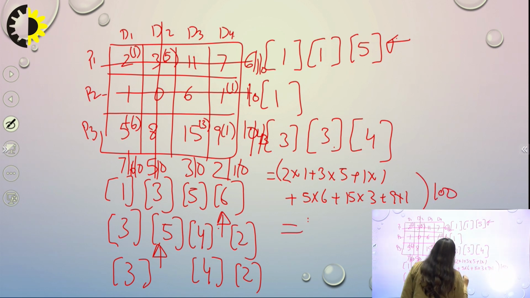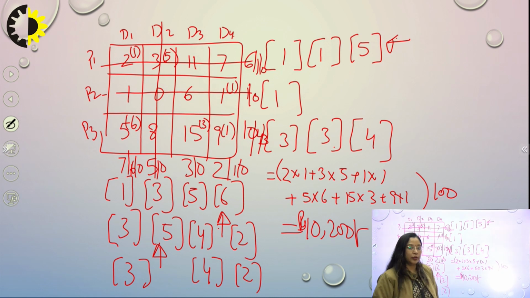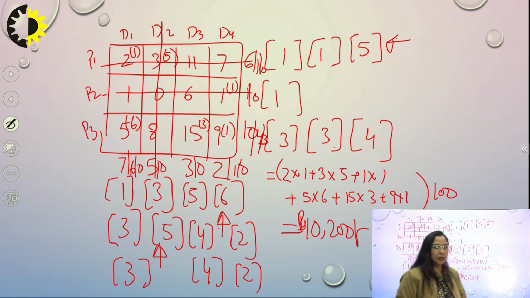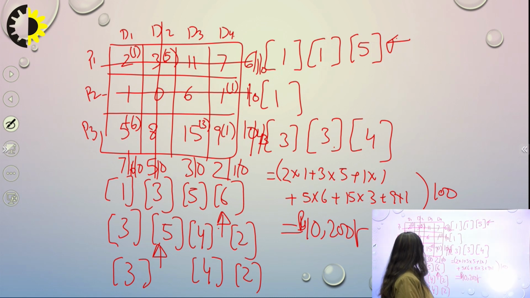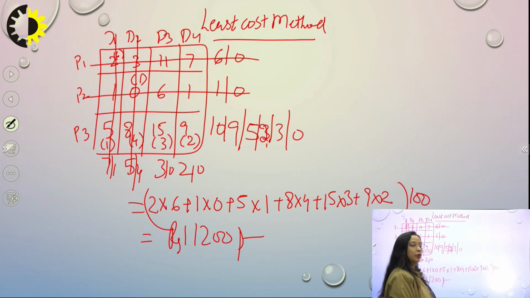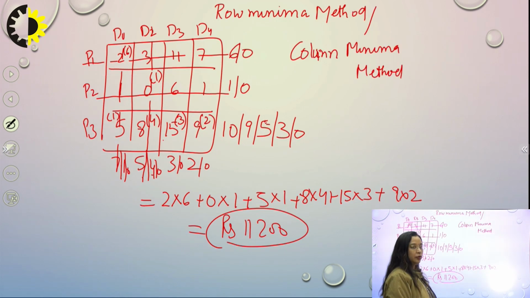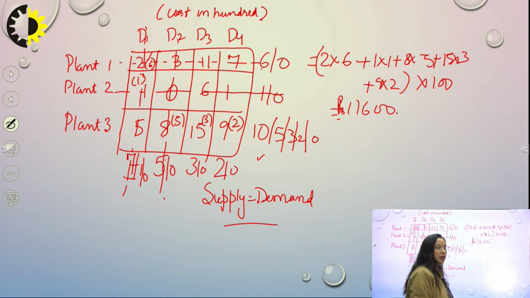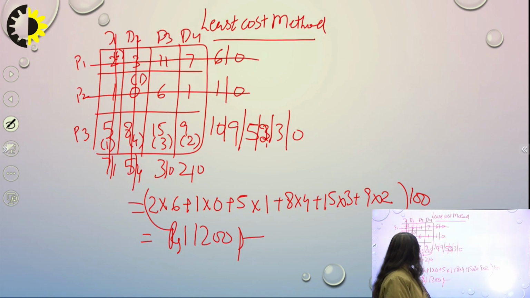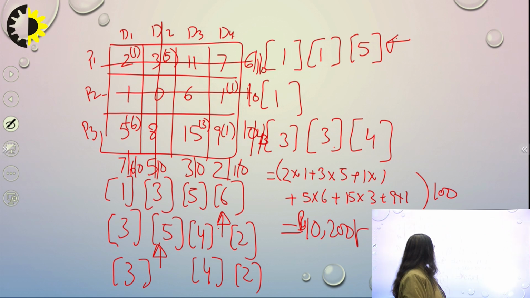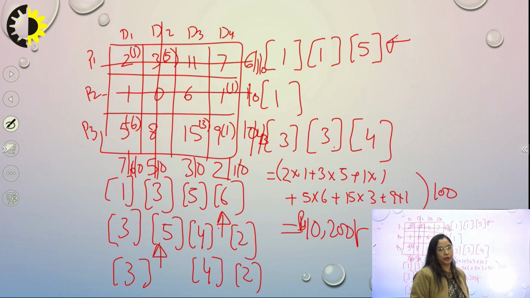So it comes around 10,200 rupees. Now look at the cost of each and every method. It is 10,200, it is 11,200, it is 11,200 and this one is 11,600. So as I told you, this method gives us the minimum cost.